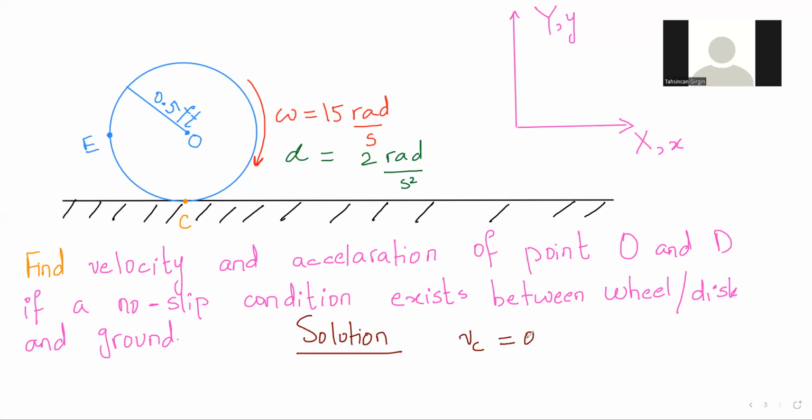Because when the disc is rotating on a ground, the point of contact, you have a ground and you have the disc, right? If there is no slippage happening, then as this thing is rotating, right at the contact with the ground is at 0 velocity. So VC will be 0.